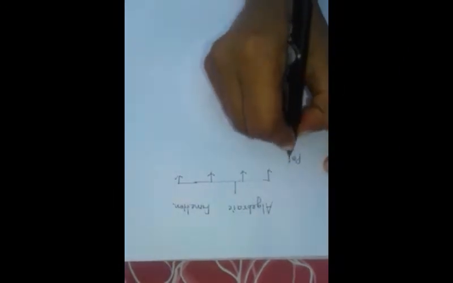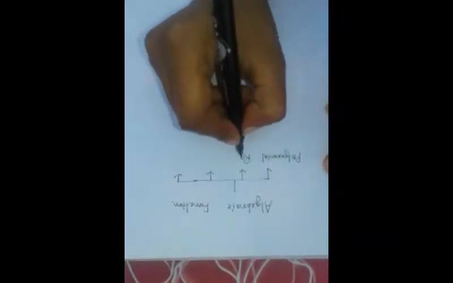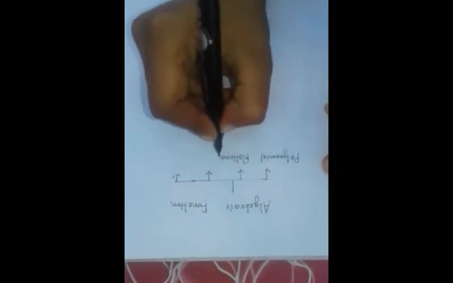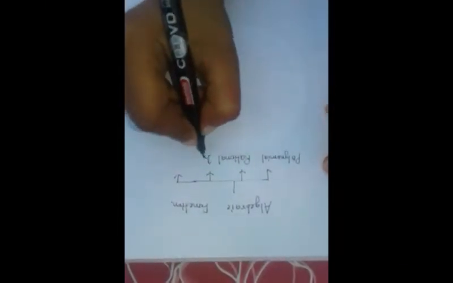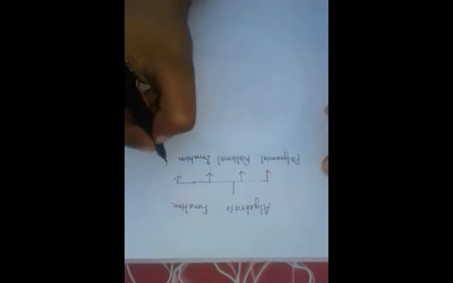First is called the polynomial function. Second is called the rational function. Third is called the irrational function. And the fourth is called the piecewise function.